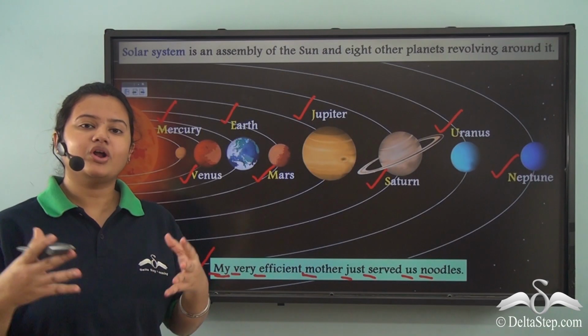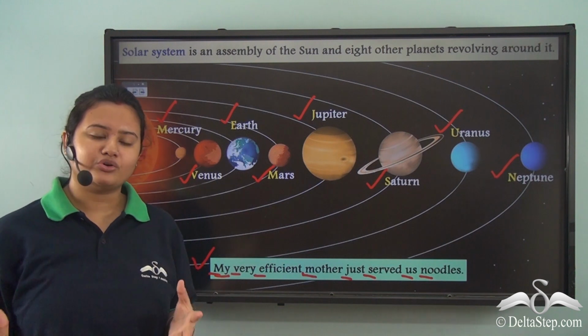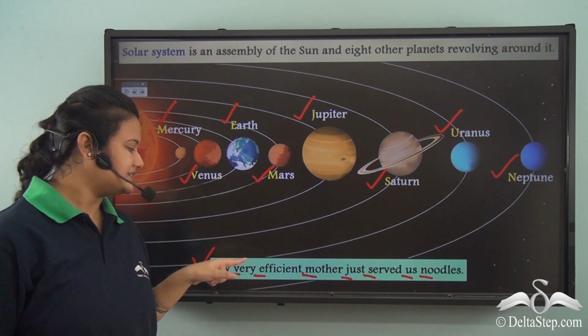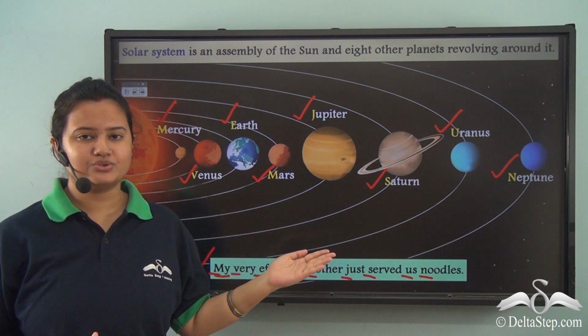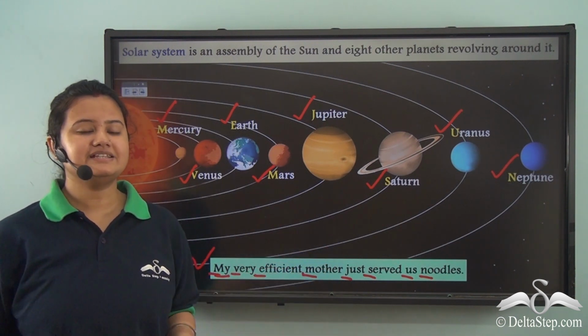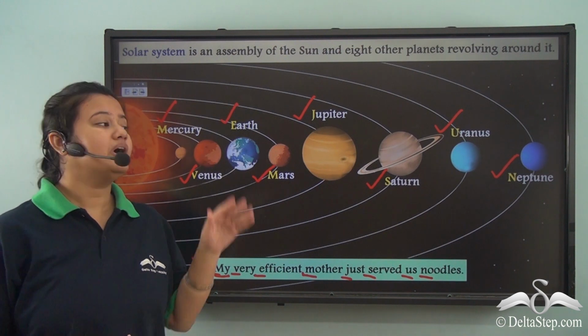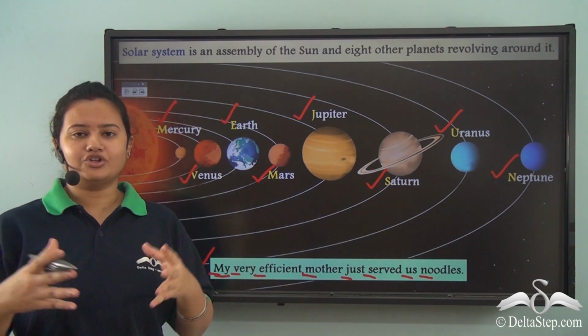So next time if you're asked to name all the planets chronologically, then just remember this sentence, that is, my very efficient mother just served us noodles. So if you remember this sentence, then I hope that you will be able to name all the planets chronologically.